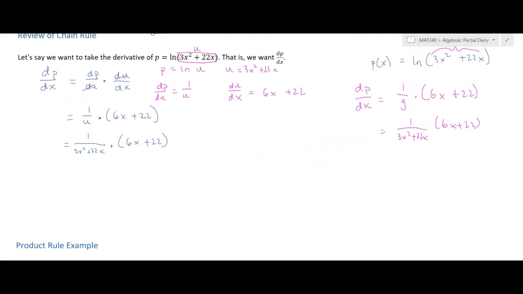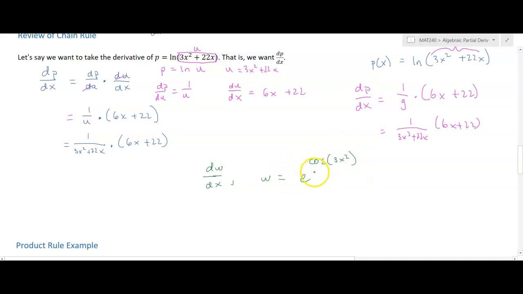Let's say that we wanted to take the derivative of, we'll call this dw dx, where w is equal to, let's pick something else here, e to the natural log, how about maybe let's do cosine of 3x squared.